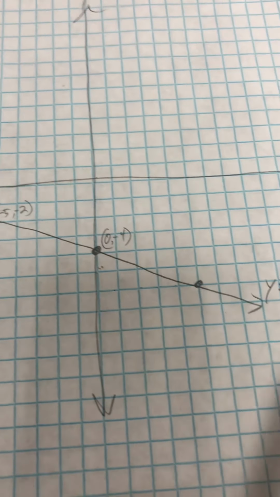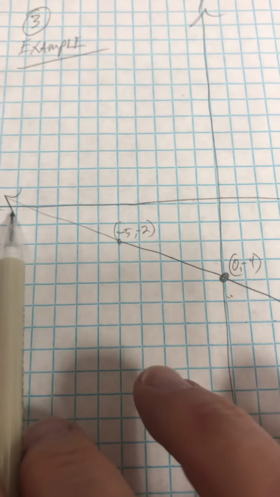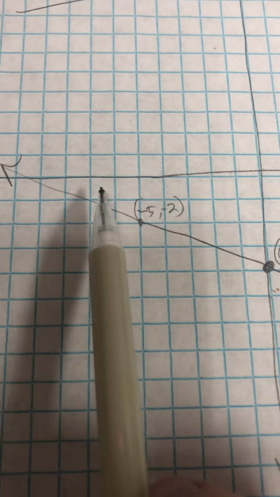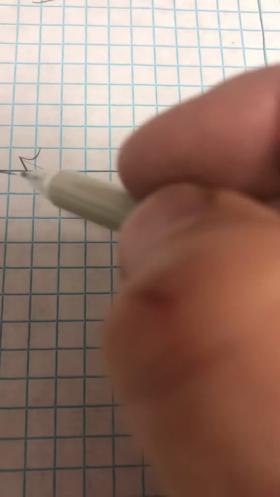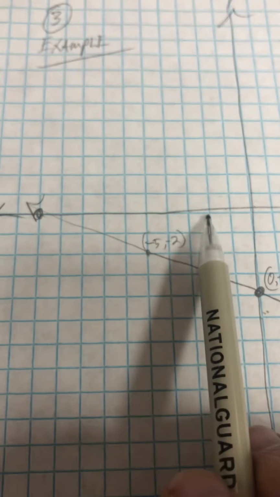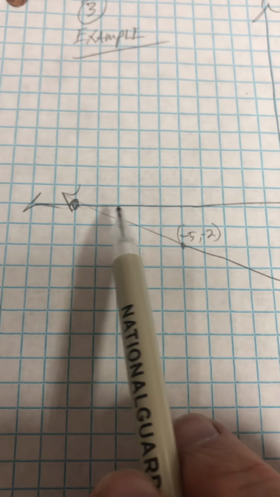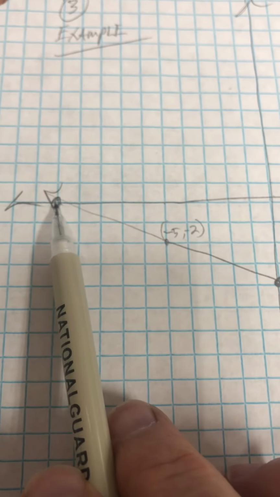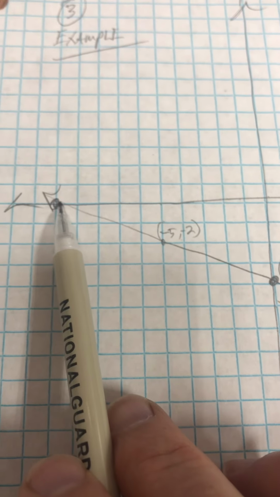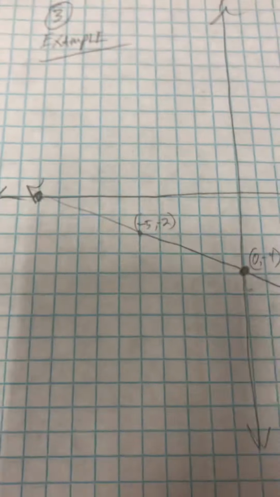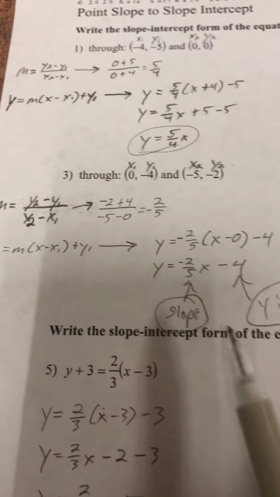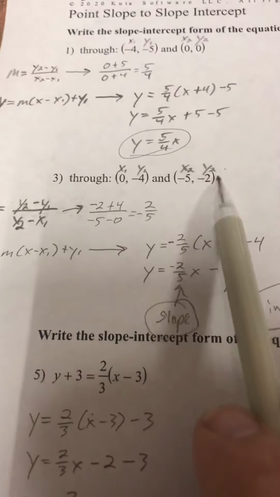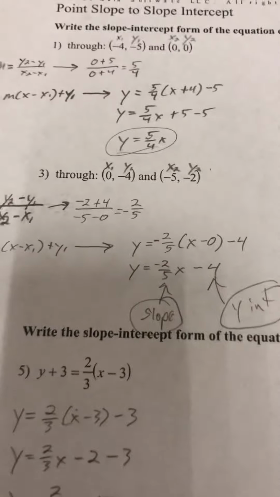I could pick other numbers. Another point that's going to be on that line, if I go up 2 and back 5, is this point right here, which is negative 10, 0. Negative 10, 0 is going to be on there too. So that's why we're doing this. We're just given a couple of points and then figuring out what the line is.